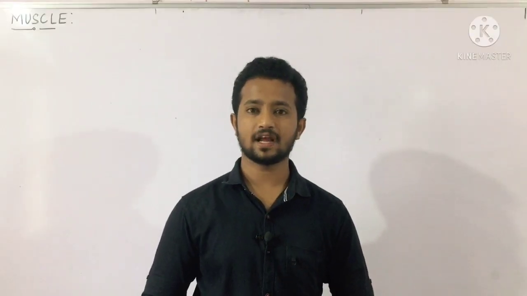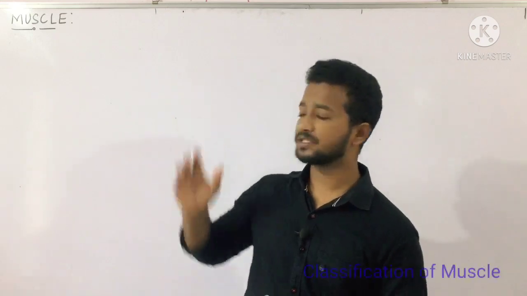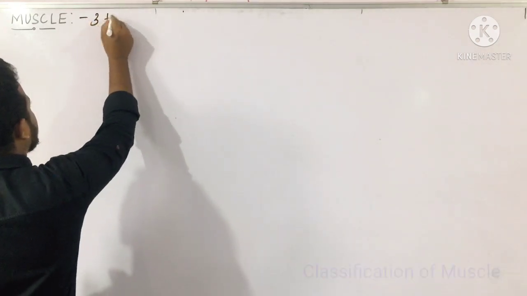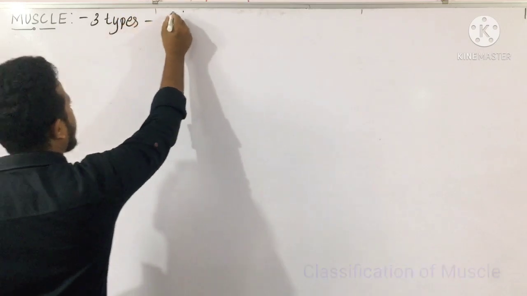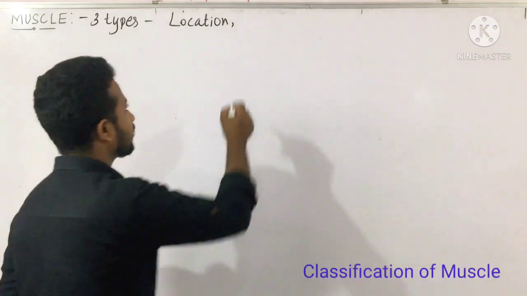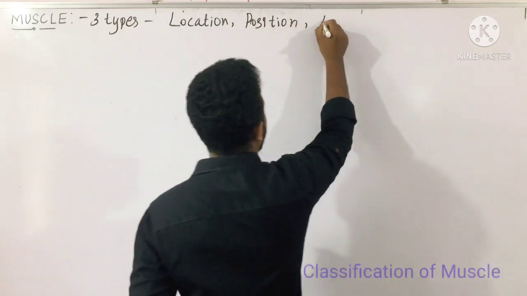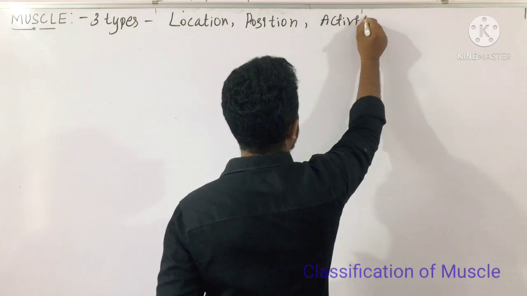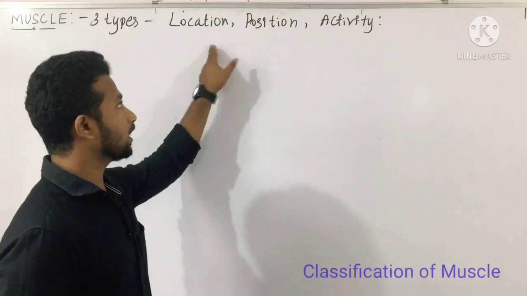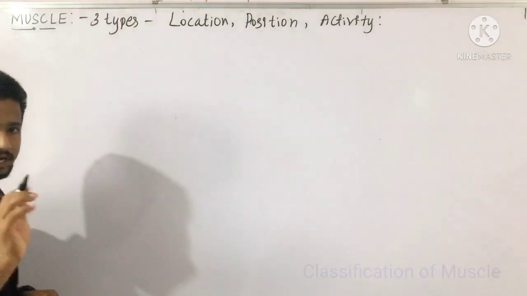Let us study the structure of muscular tissues and the classification of muscles. The muscles present in the human body have been classified into three types based on their location, their position, and also their activity. How they perform different activities, where they are located and their position, on that basis we have classified muscle tissues into three types.